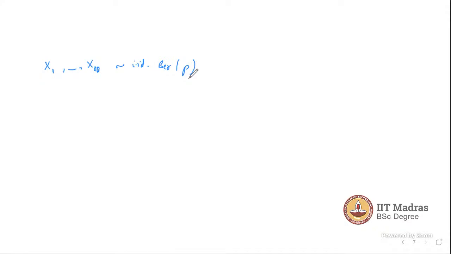I check one item, then the other, and what we have observed is that none of these 10 items are defective. All of them are non-defective. In such a case, it is very difficult to estimate what P is.